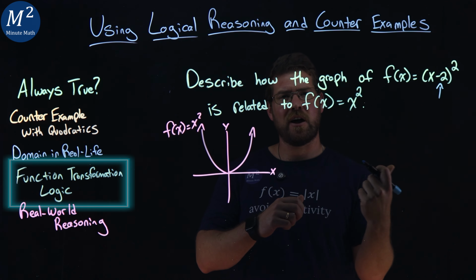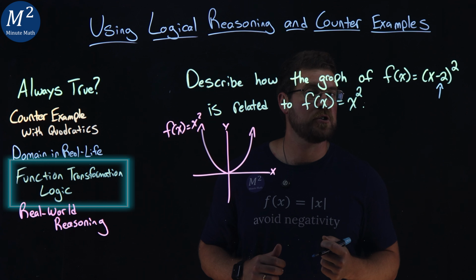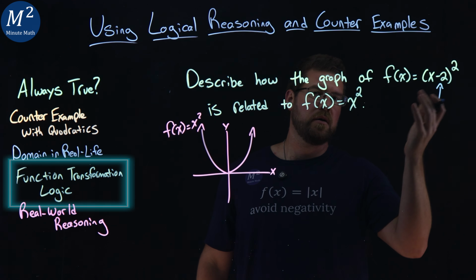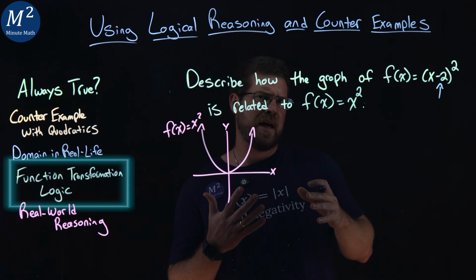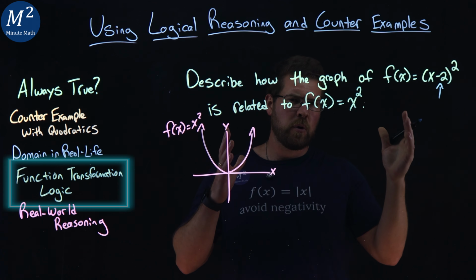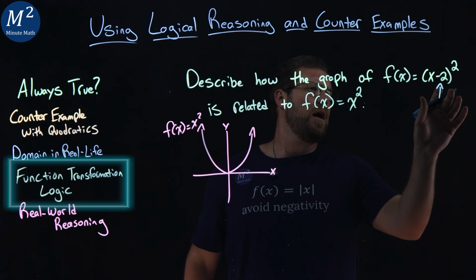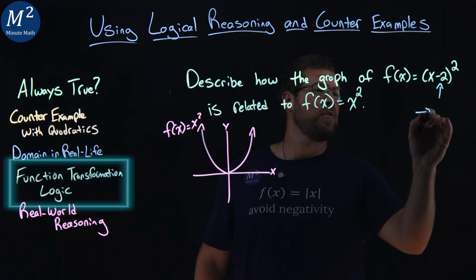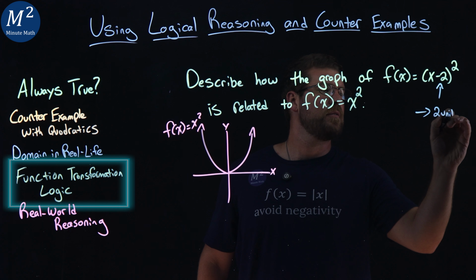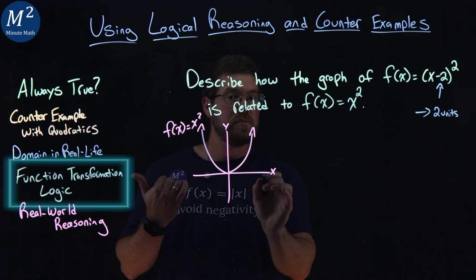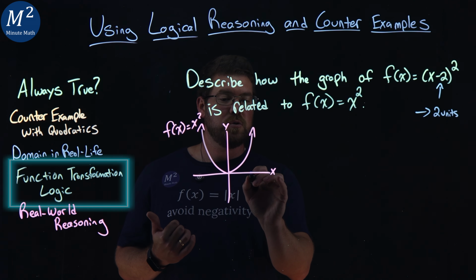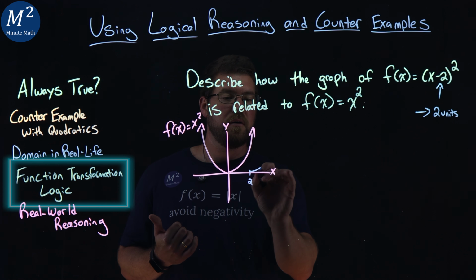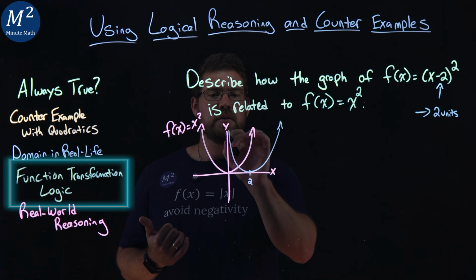Okay, so when it's inside, we're talking about left to right, a horizontal shift. And we have minus 2 there, and so the opposite of that would be a plus 2. And there's a big formula for that. For this here, though, we're just going to talk about the quickness of this horizontal opposite, so we're going to the right 2 units, and so it's going to have the same shape, but at 2 units right, it's going to be shifted over.